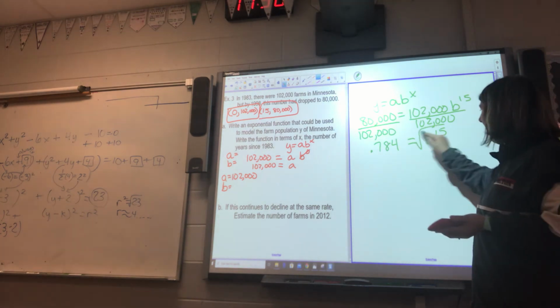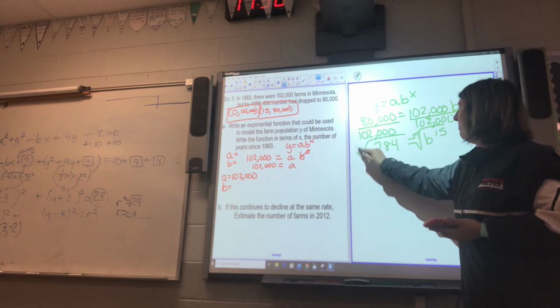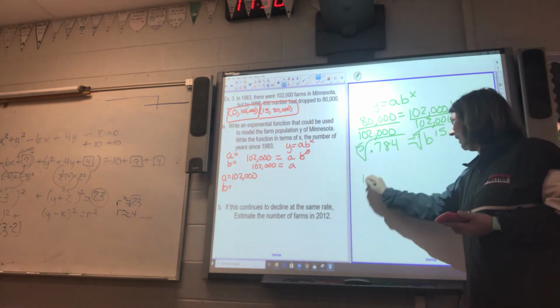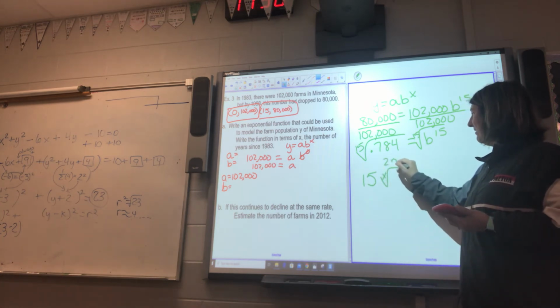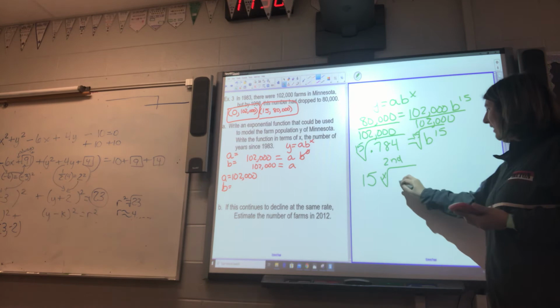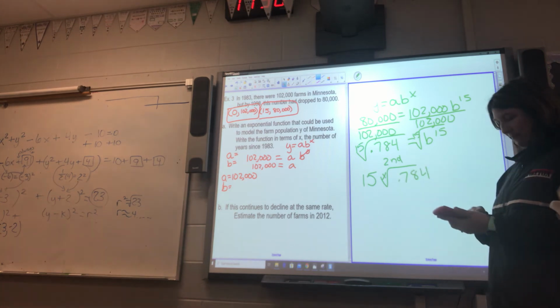Okay, so we can take the 15th root in the calculator. We type in 15 first. Then we do our second button that looks like this. And then we can type in the 0.784.